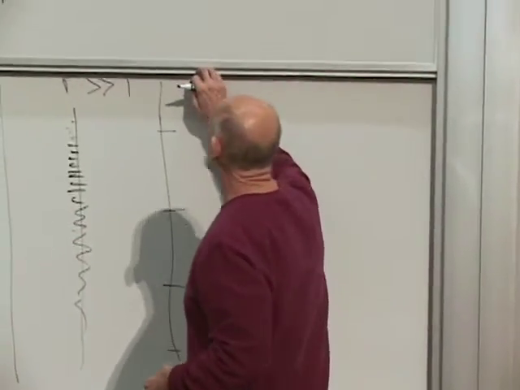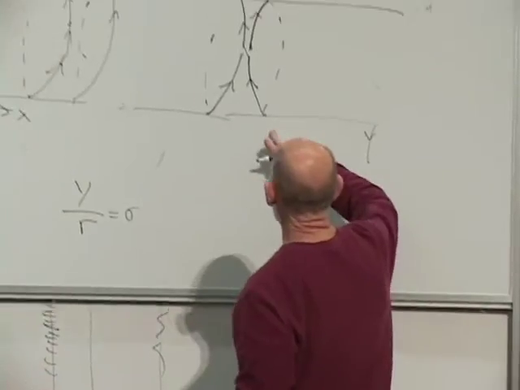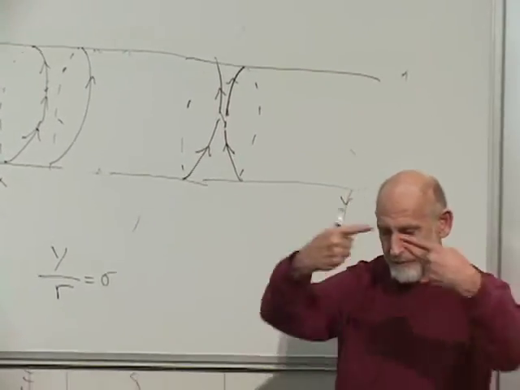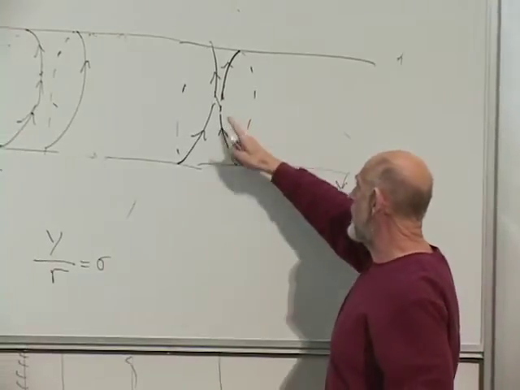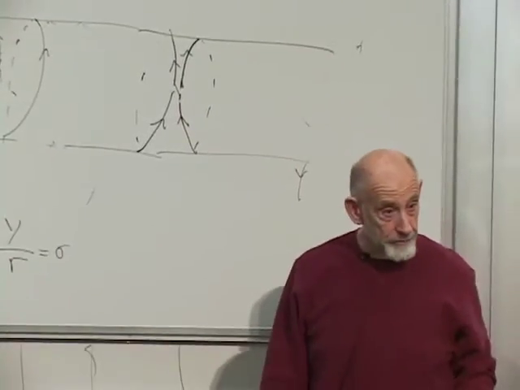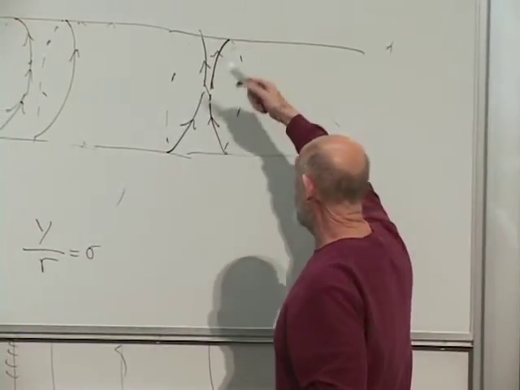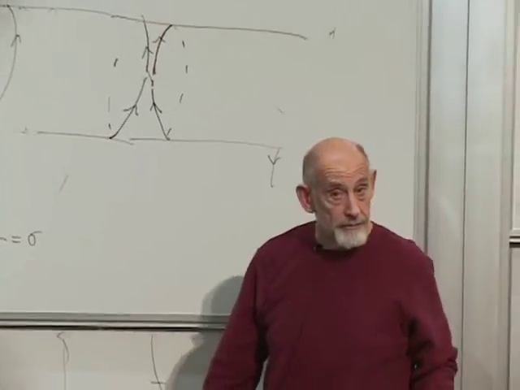So here they are. Two strings with the same winding number will repel. I'll tell you why in a moment. Two strings with opposite winding number will attract.